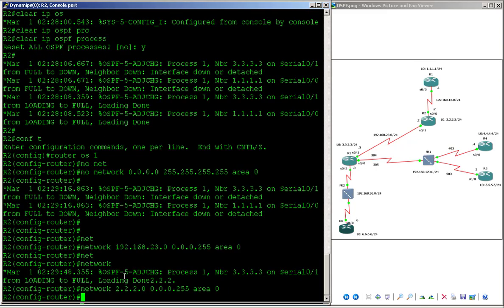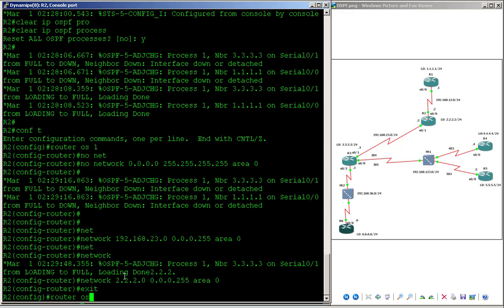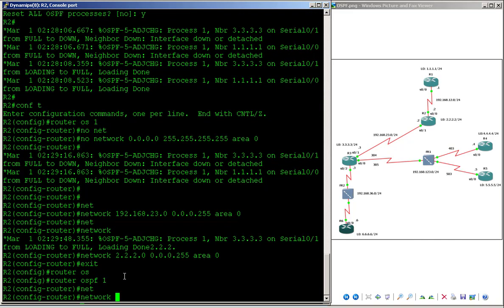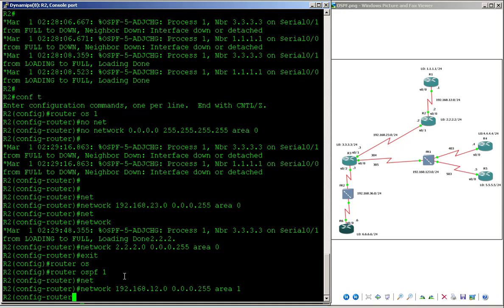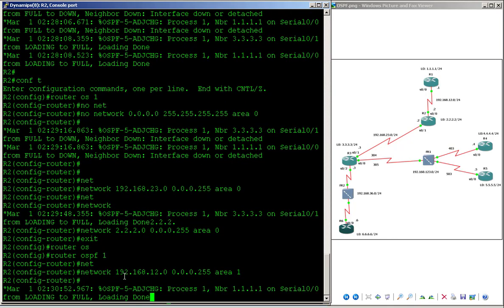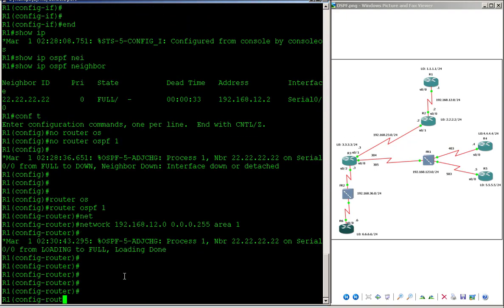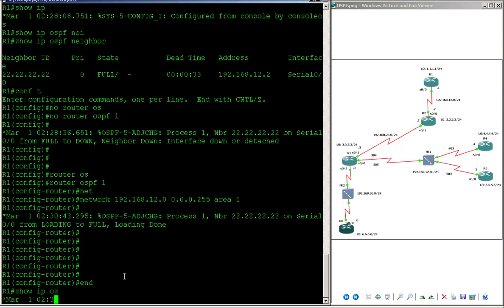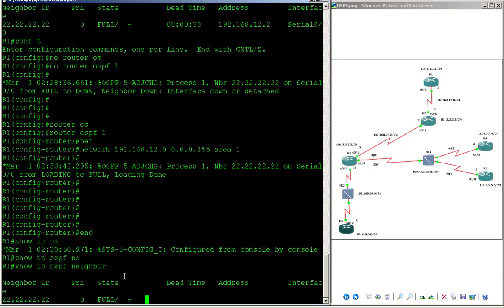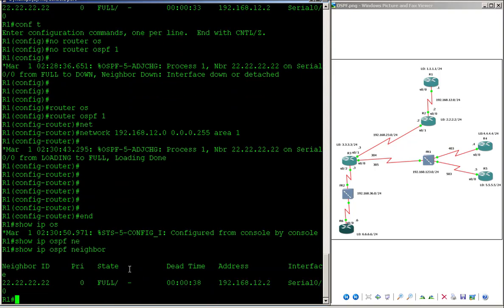And then on router 2 I have to say router OSPF 1 network 0.0.0.0 area 1. So now I should form a relationship between these two routers. If I go to router 1 and do show IP OSPF neighbor, then I have neighborship here.